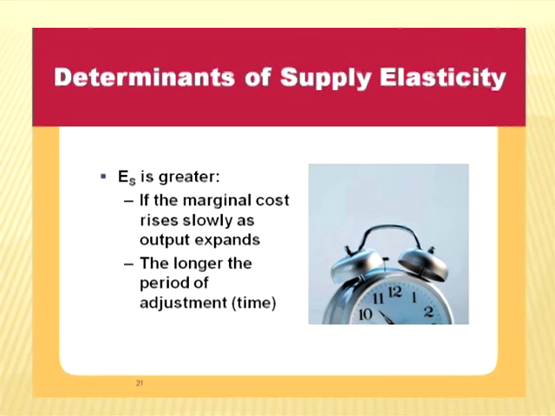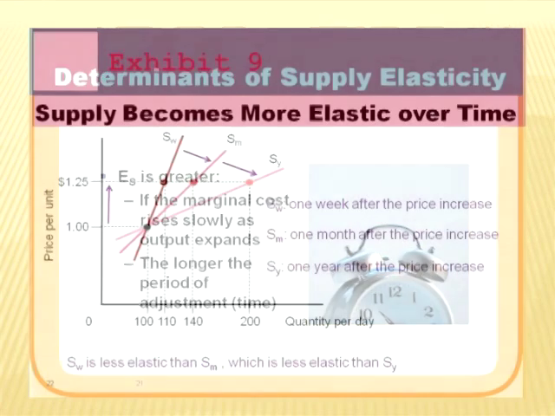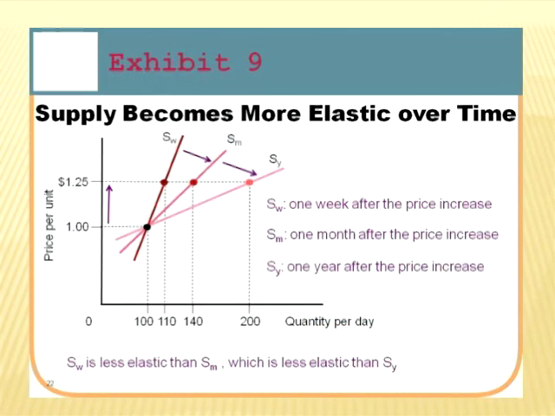The longer we have to adjust to it, the more likely that our response will be more elastic. So we see here that same sort of thing that we had before, a 1 week price increase, a 1 month price increase, and a 1 year price increase. And you can see that as we have more and more alternatives, more and more choices, then the quantities get larger and larger, which means the elasticity is going to get larger and larger as well.